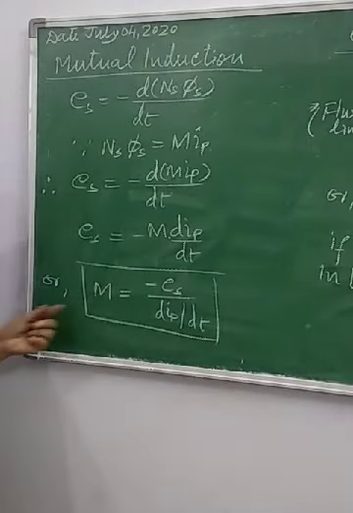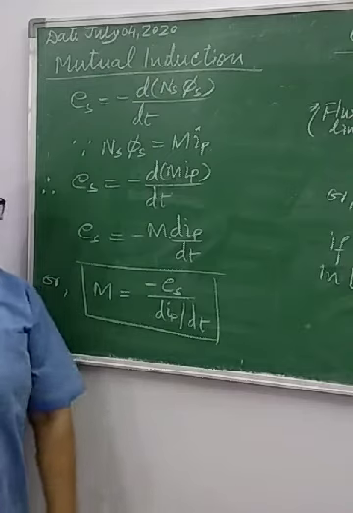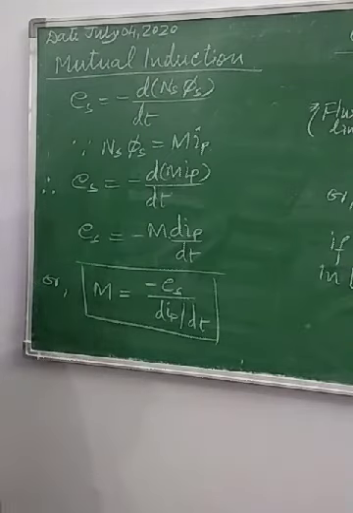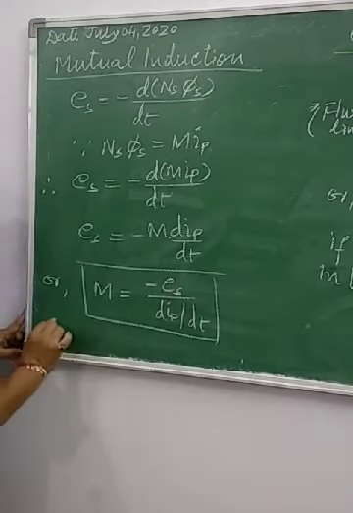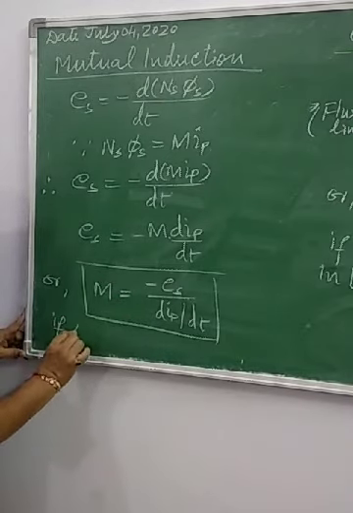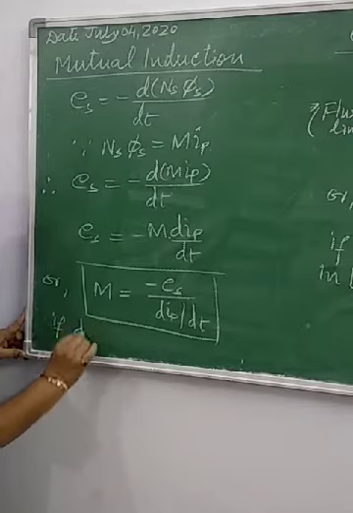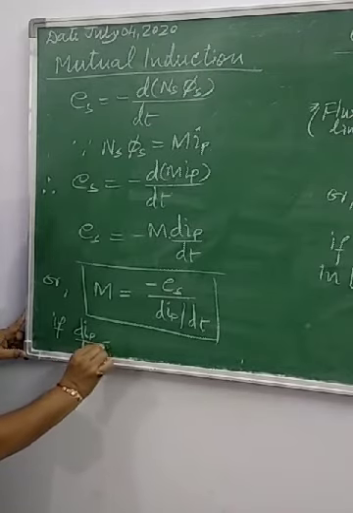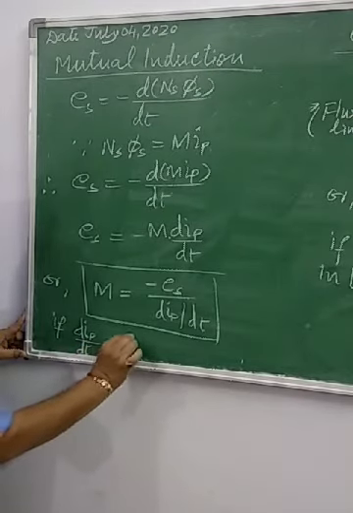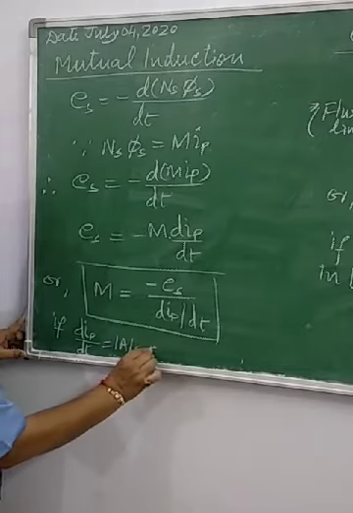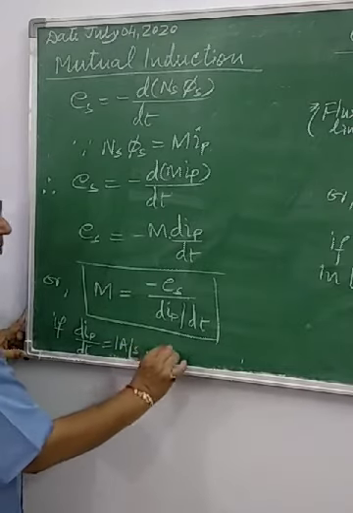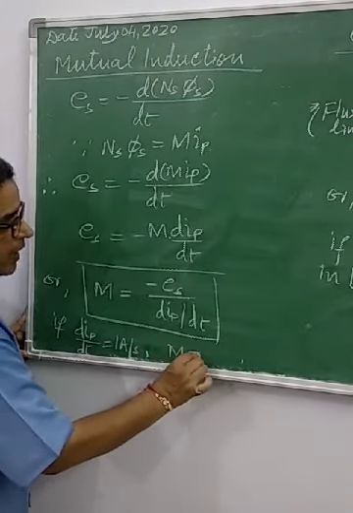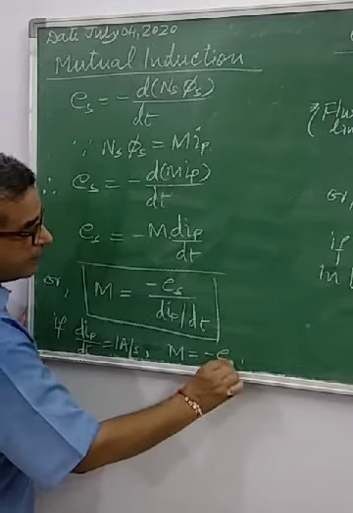This is also the coefficient of mutual inductance, and we can define it here. If dI_P upon dt equals 1 ampere per second, then M equals minus E_S.